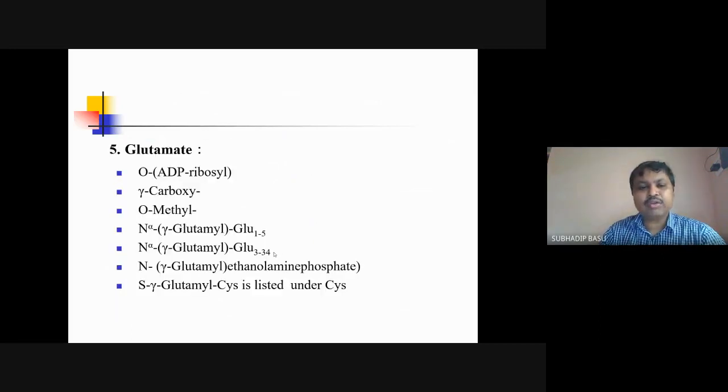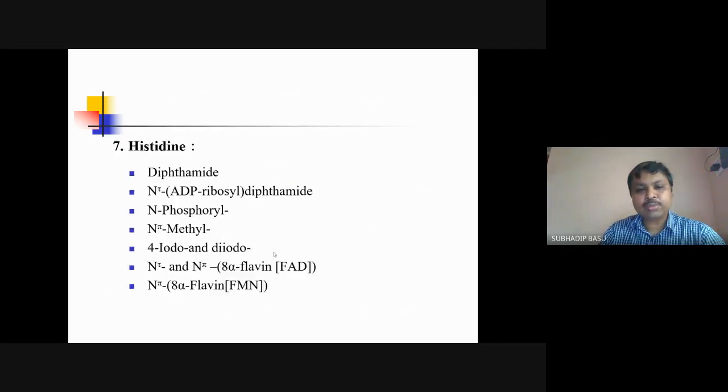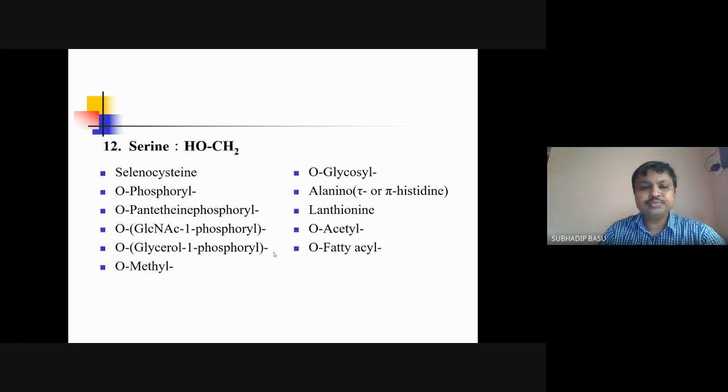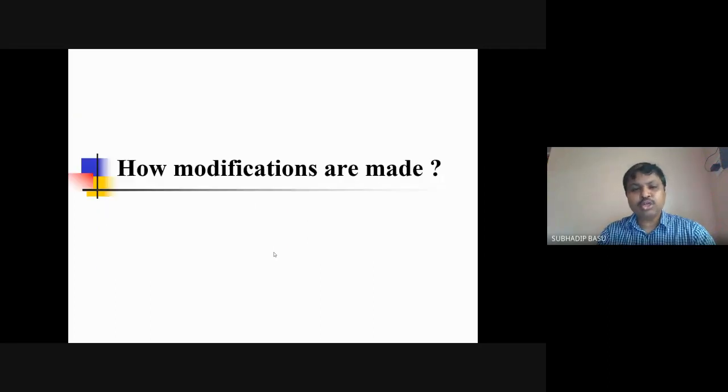So like that, you have glutamate for different types of modifications, glutamine, proline. I'm just skipping this. If you're interested, you can go through and remember one or two in each category. And if you wish to go into detail, you can always go into detail of each type of modification.